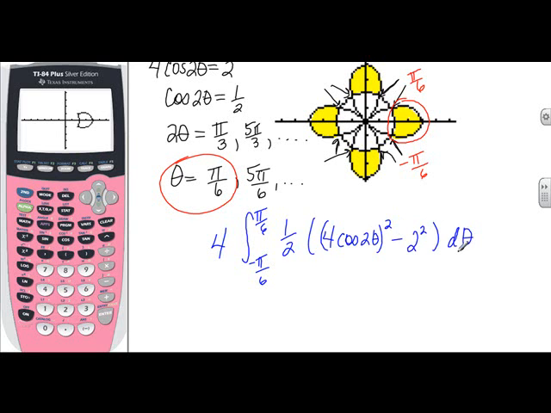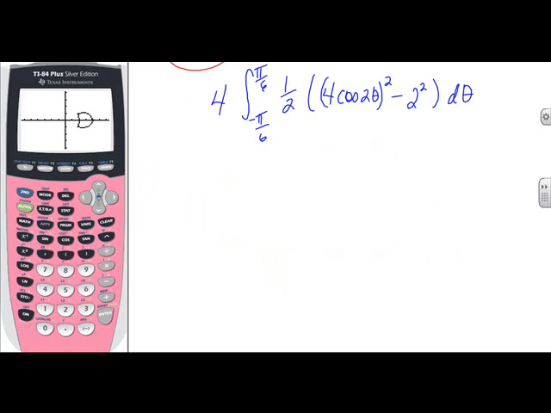You could also set up the integral 8 times the integral from 0 to pi over 6 of 1/2 times 4 cosine 2 theta squared minus 2 squared d theta.